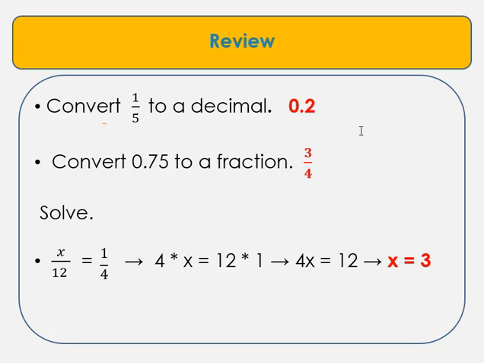Another thing that we need to remember how to do is to work with cross products. If we have a proportion, and a proportion is the comparison of fractions, what we do is we cross multiply or cross cancel.